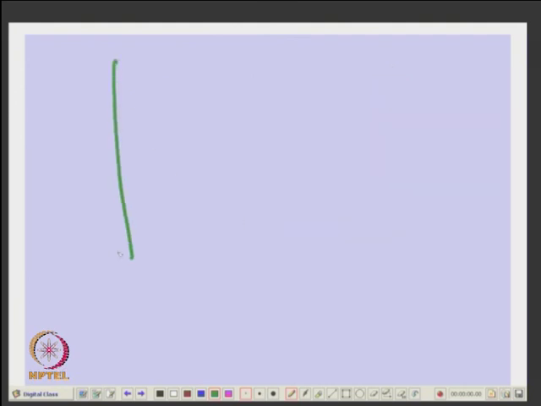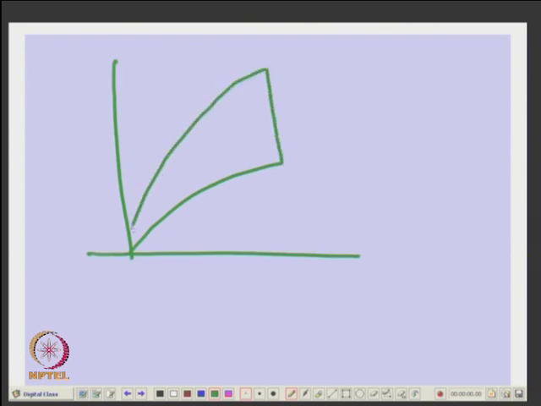So, if you have some stroke like this, you will notice that if there is saturation, you require less inverter rating, because if the saturation is more, this rating is less.